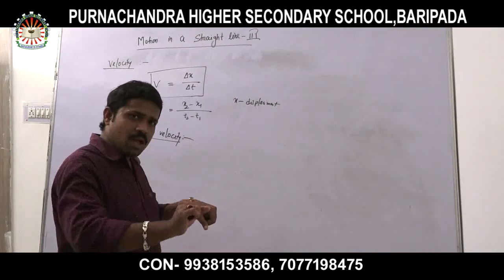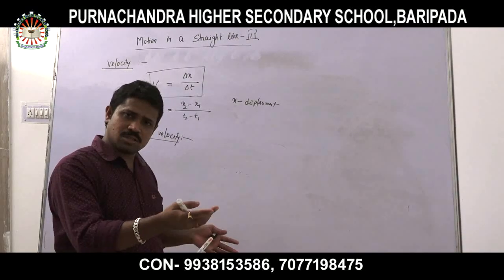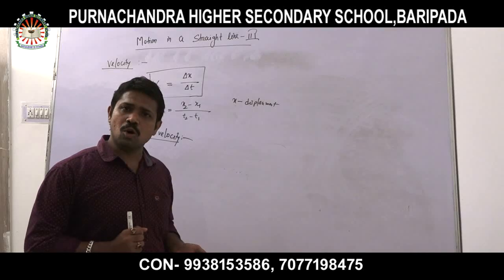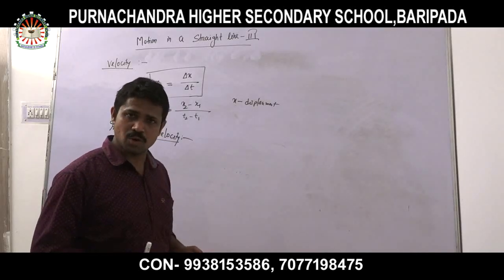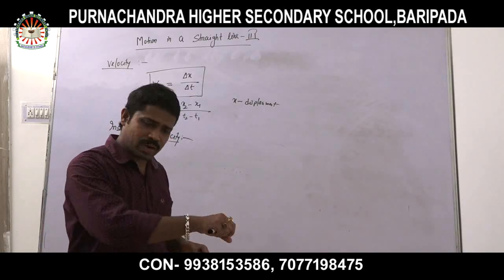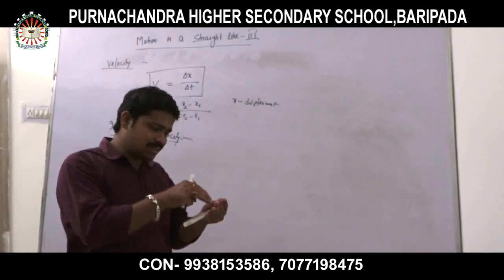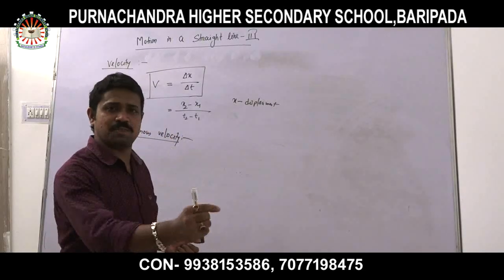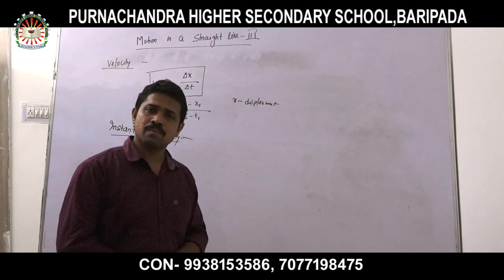When I move the accelerator more, the speedometer shows more deflection. But suppose I want to know the speed at a particular instant of time, suppose at 10 am. Then I can easily find out what the speed is at that same moment, and that gives me the instantaneous velocity of that bike.